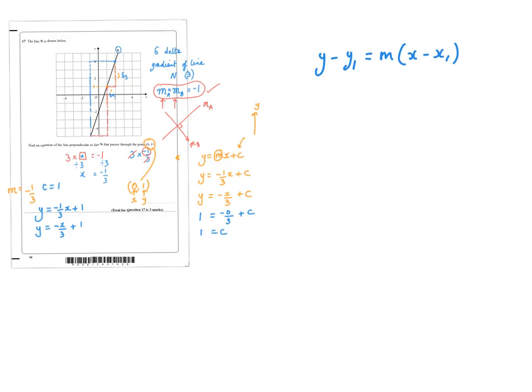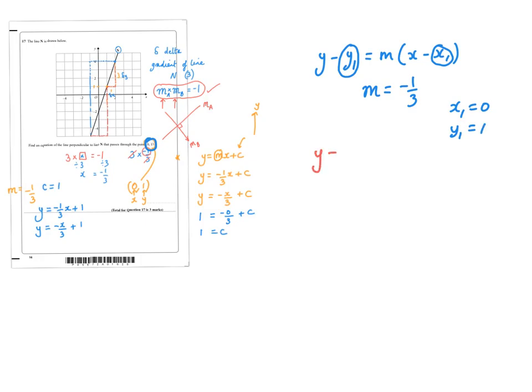I've got a video on this, so I can put a link up at some point, but using this equation, all you have to know is m, which we have, and then a general point that the line goes through with its y and x parts, and we're lucky enough that we were given that here in the question. So again, we just say x1 is 0, y1 is 1, and we just put the numbers in just like we did before.